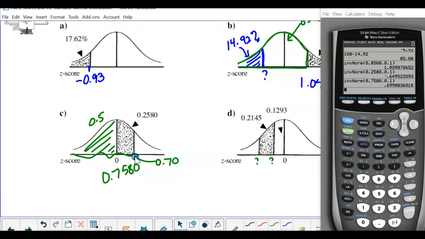So to get this area, it's going to be 0.5 minus 0.1293 minus 0.2145. Okay, I entered that correctly. So this part here is 0.1562.